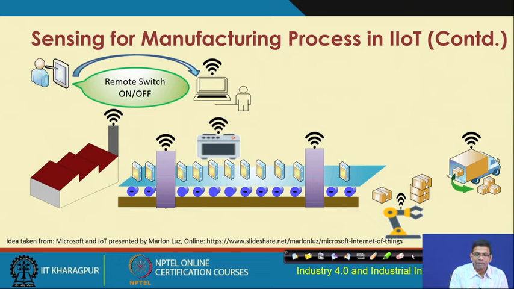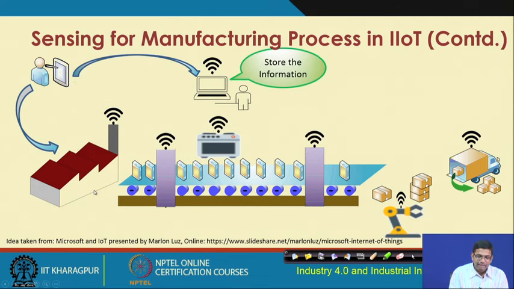Once it is switched on, that data is sent to the central processing unit, and a unit signal is also sent to the factory, the production plant, so the production process starts from here. Then all the data that are sensed and sent are stored in this central processing unit.